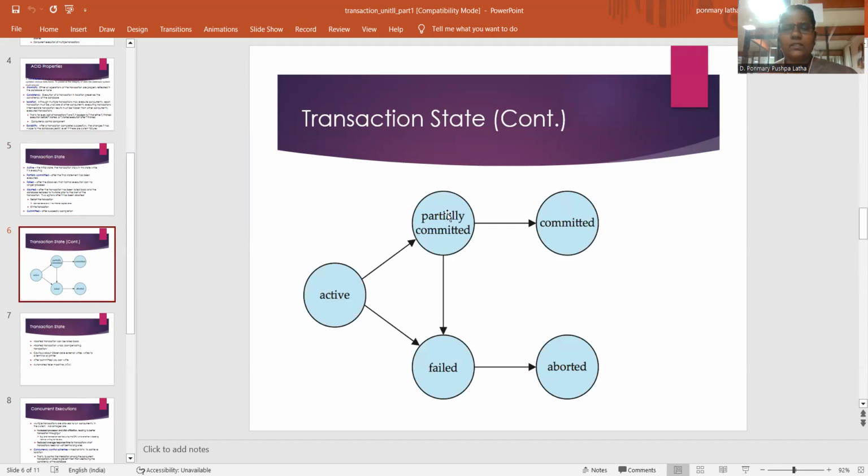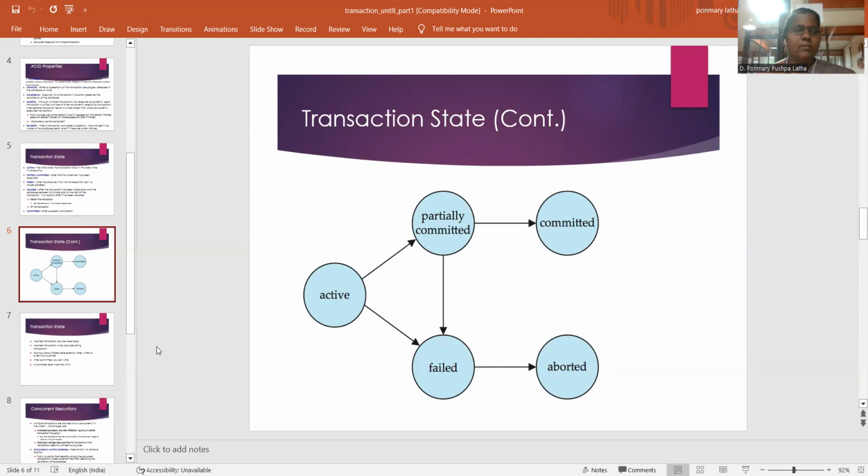So this is a transaction state diagram. An active state can be a failure, or it can be partially committed, and after partially committed you can fully commit the things. You can fully save the one. In the failed one, either you can cancel that one or you can restart that one.